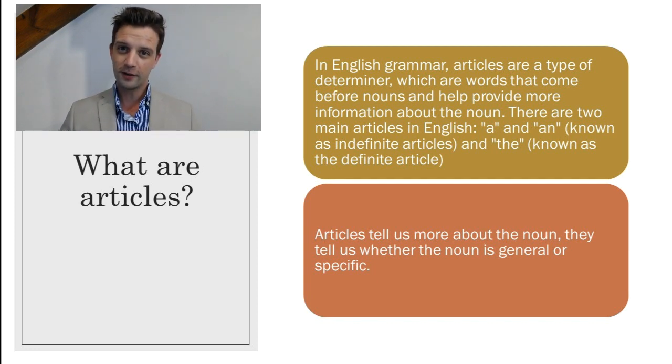They either use the article too much or they don't use articles at all. So I hope that this lesson will help to clarify that for you, and then you will be able to know when you should use articles and which articles you should use.